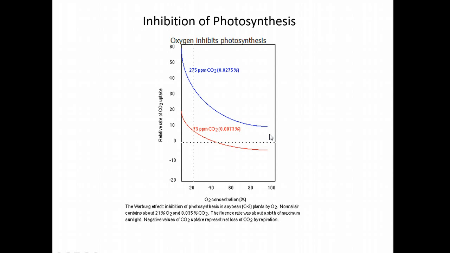The enzyme squints its eyes and thinks that an oxygen looks like a CO2. And oxygen binds, a different product is made, but the big deal is you do not get CO2 fixed. And this is real world. This is why most plants don't grow faster than they do. And you can add CO2 to greenhouses. Why can't you supplement CO2 in greenhouses in Texas? Too hot. You'd have to have a sealed greenhouse.